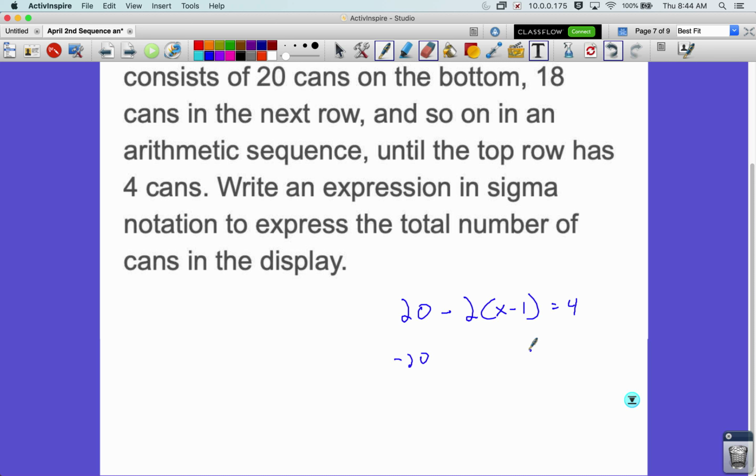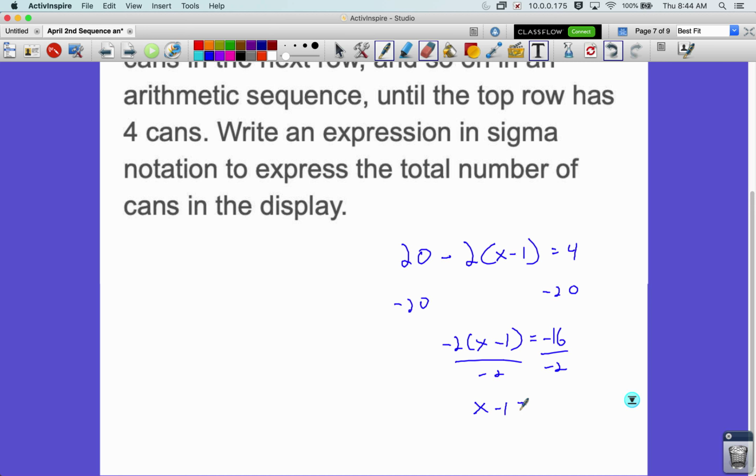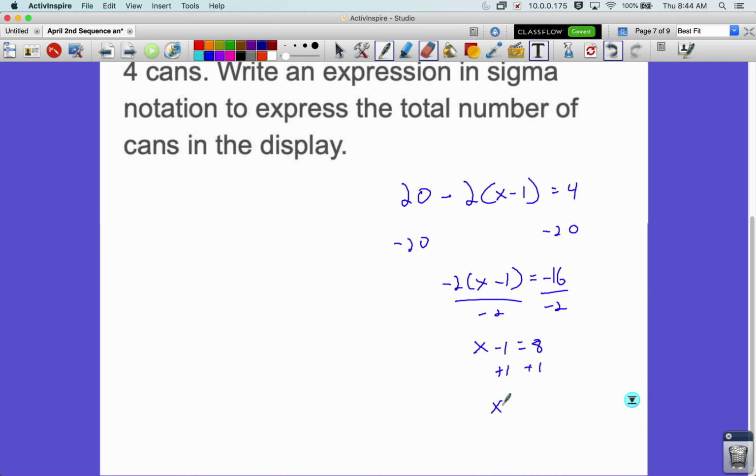Subtract 20 from both sides. Negative 2 times x minus 1 equals negative 16. Divide both sides by negative 2. X minus 1 equals 8, plus 1, plus 1. X equals 9 rows.